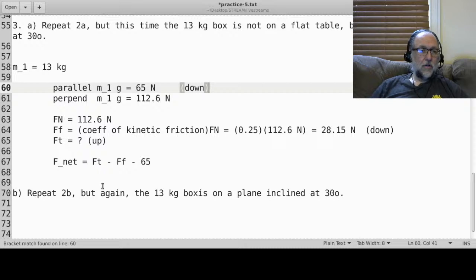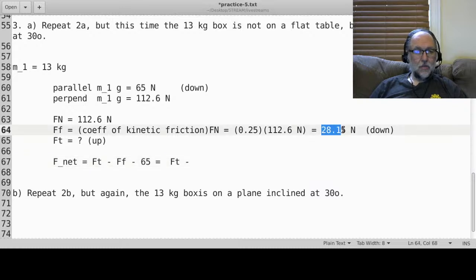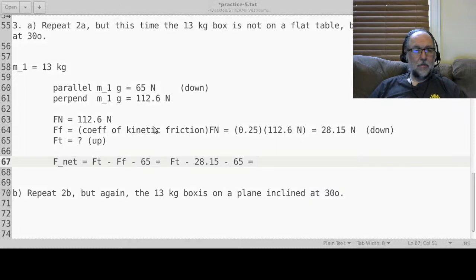So the uphill comes in positive, and the downhill is negative. I've actually got a number for FF, so I can write this as Ft, which we don't have, minus FF, which we do have, 28.15, minus 65. And what's that equal to?